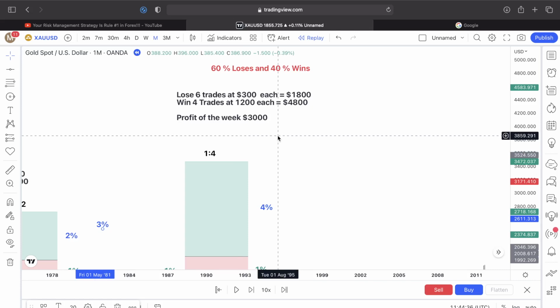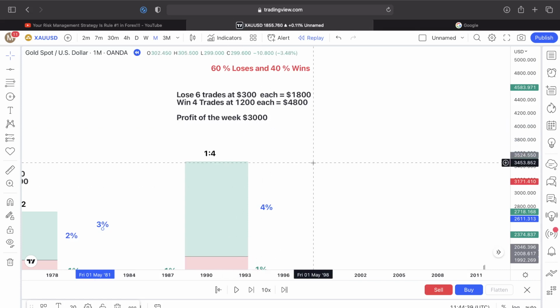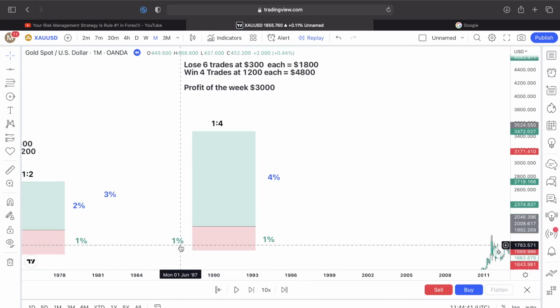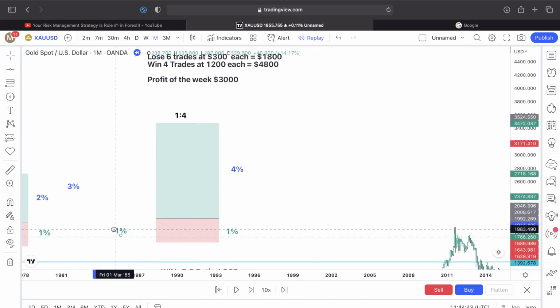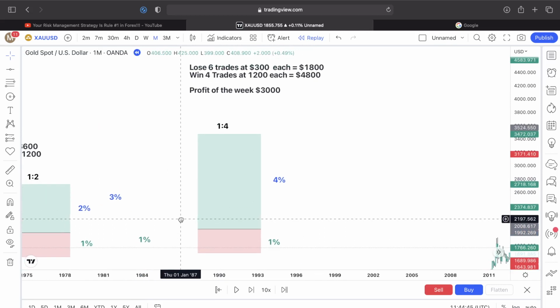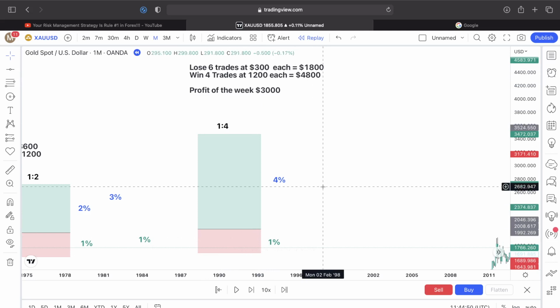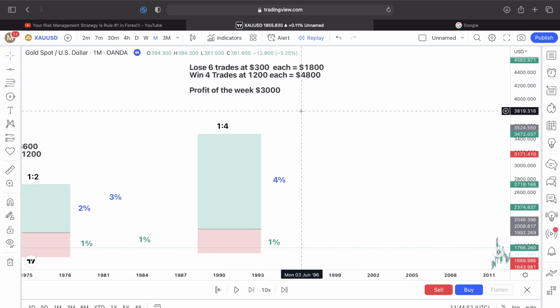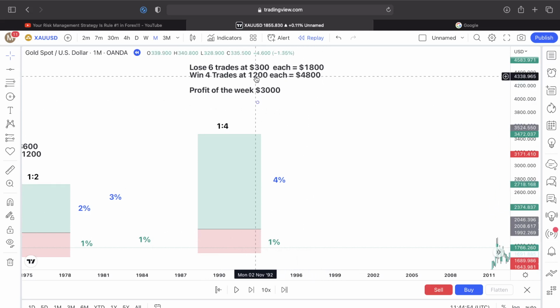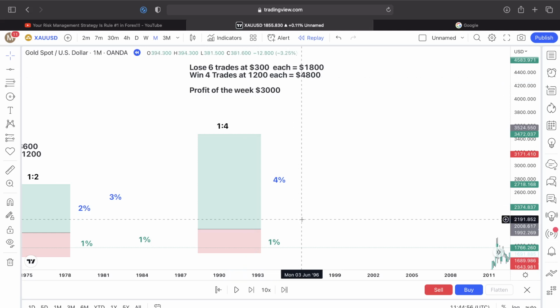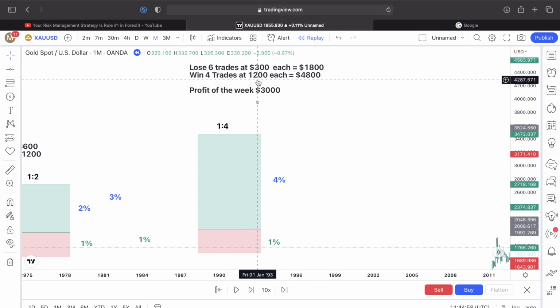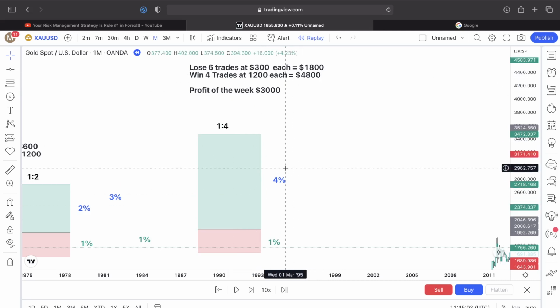Because one loss equals 1%. And what it means is you lost 1% of $300. It's 1%, but then you made 4%, which is 1,200. 3 times 4 is what? 1,000 is 12, which is 1,200.